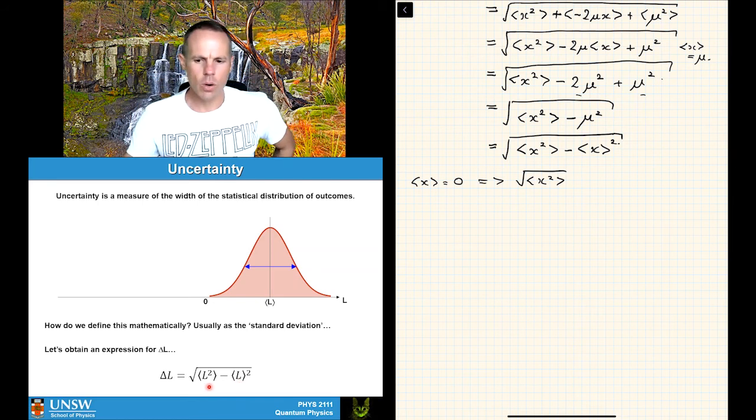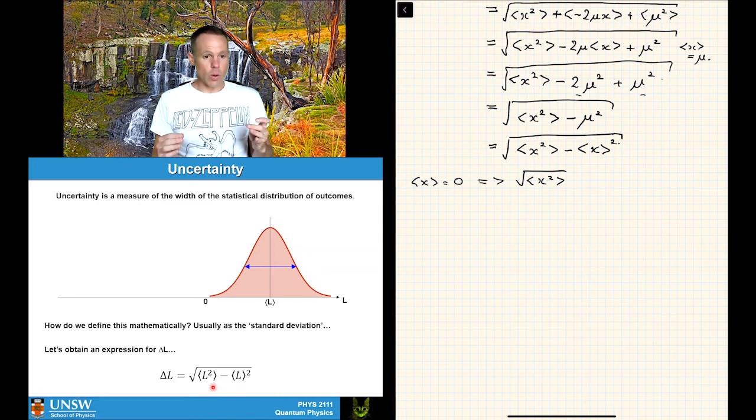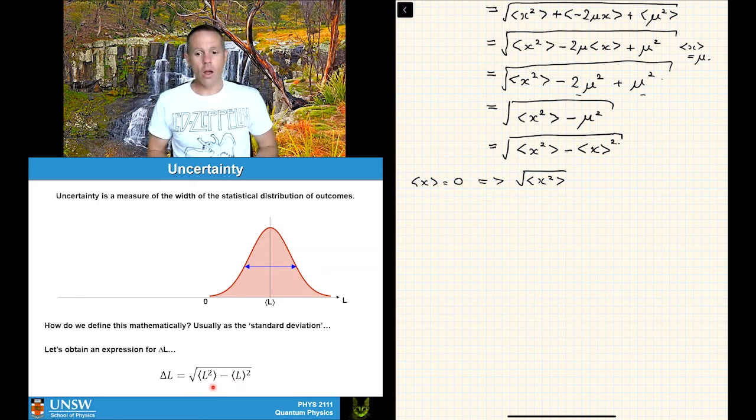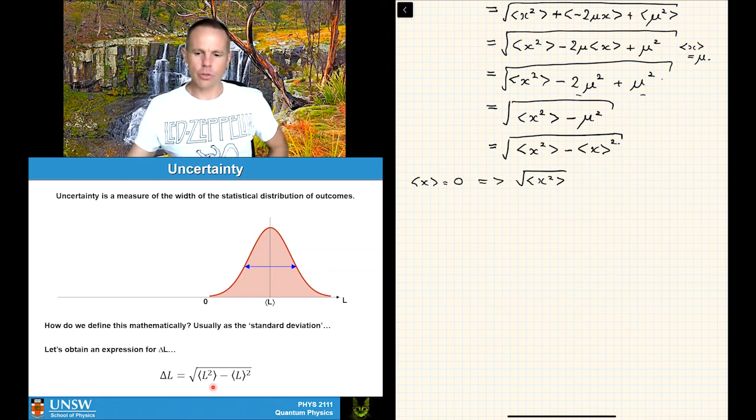You can take more or less a similar approach for getting L squared, right? So you would have bra ket with L squared in the middle and work that out. Or what you would do is take the probability weighted average of the square of the eigenvalue to get that distribution for this side. And that gives you an uncertainty that you can work with.